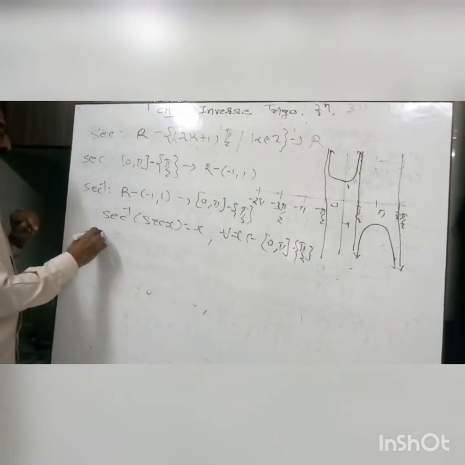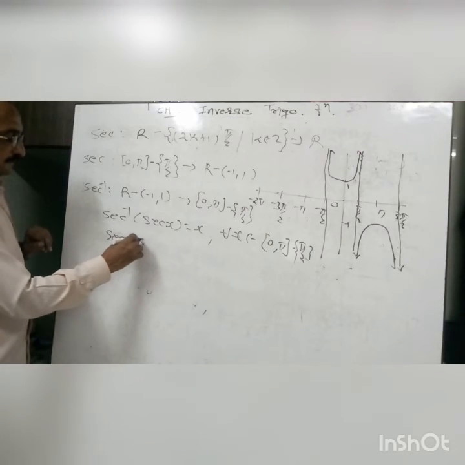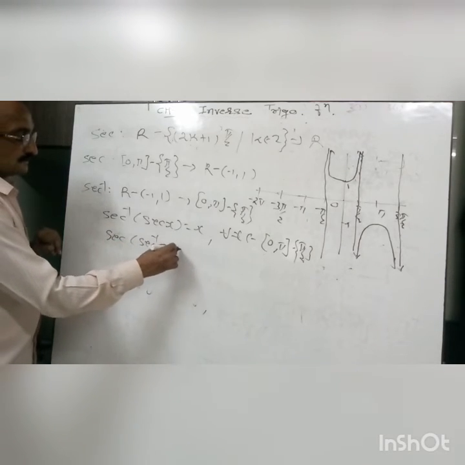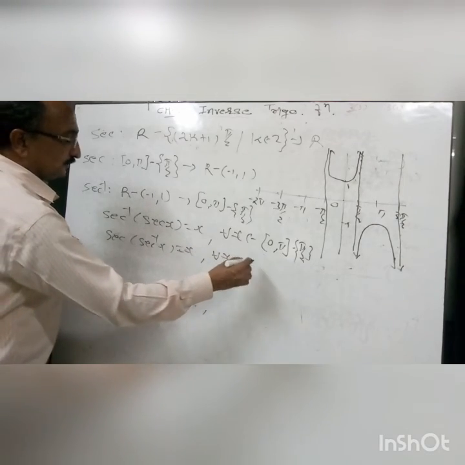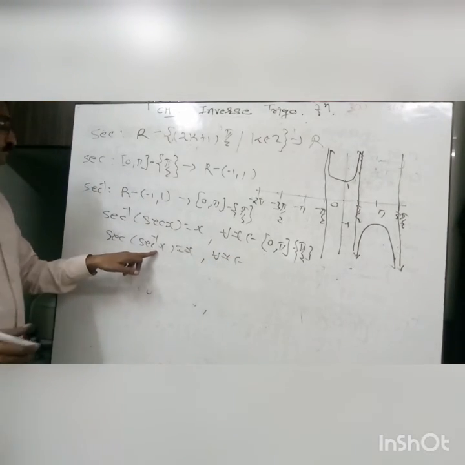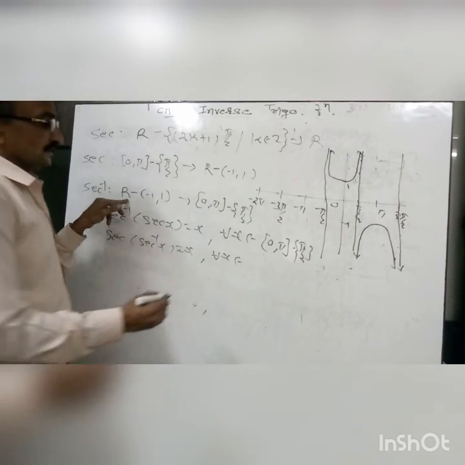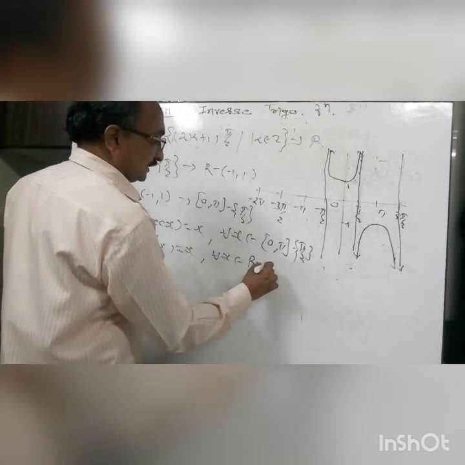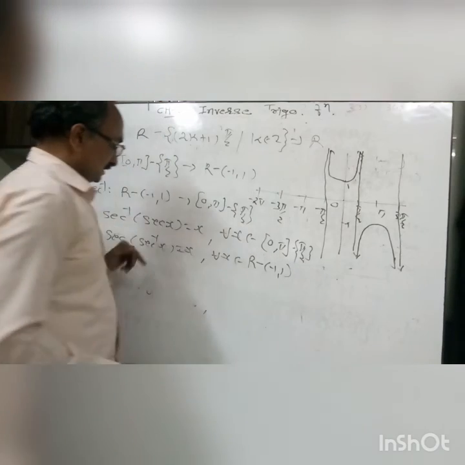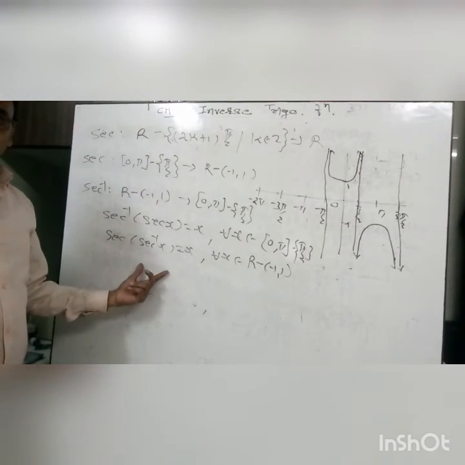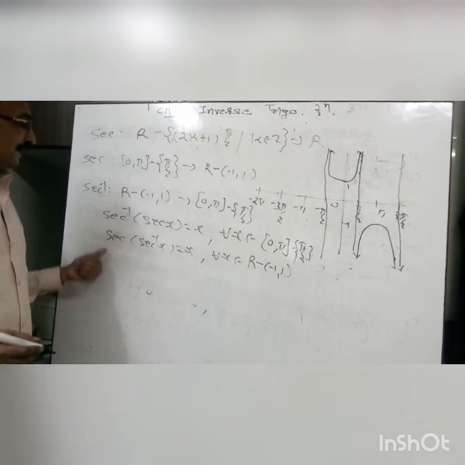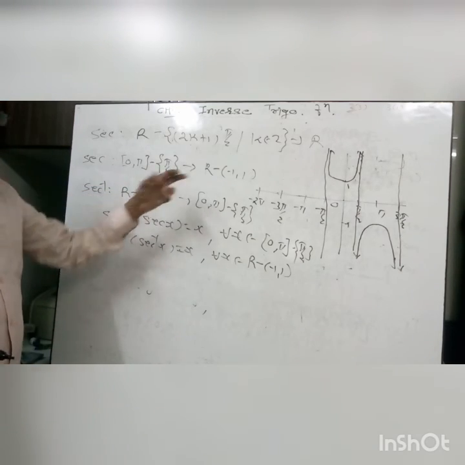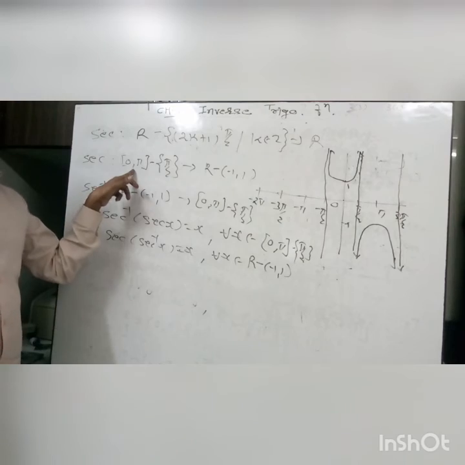And sec sec inverse x is equal to x for all x belongs to the domain of the sec inverse function. Here the domain of the sec inverse function is R minus minus 1 to 1. Same for y is equal to sec x if and only if sec inverse y is equal to x, if y belongs to its range and x belongs to its domain.